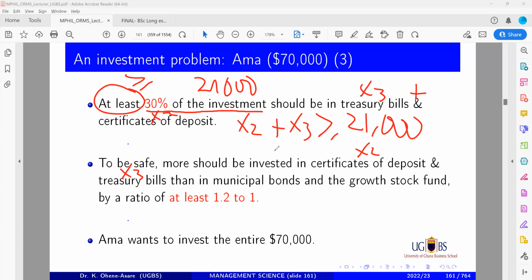What is that? X1. And the growth stock fund. What is that? X4. Put more into this, but you got to do it in a certain ratio. And the ratio must be at least. We've already known that at least is what symbol? Greater or equal to.